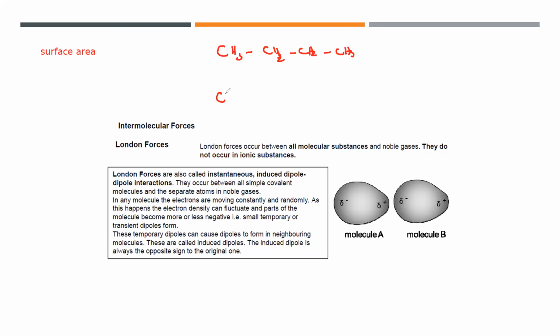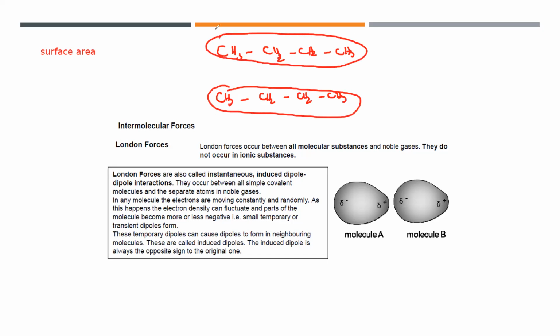And there's another molecule of butane, CH3, CH2, CH2, CH3. So this is one molecule of butane, and this is the second molecule of butane. They are attracting each other, and when the molecules are non-polar, the force between them is known as dipole-induced dipole force.